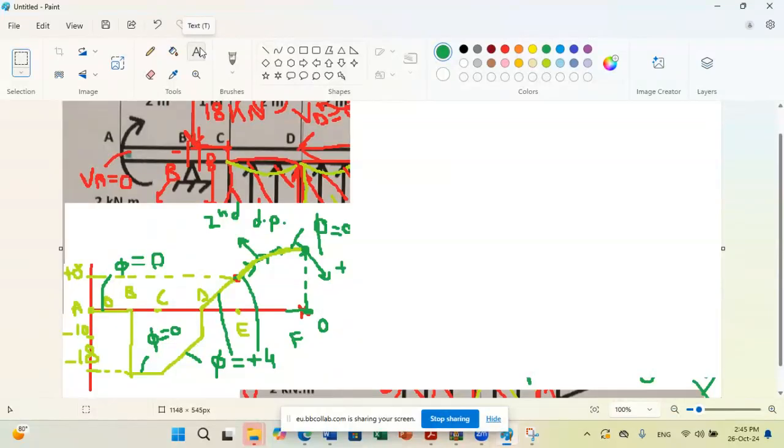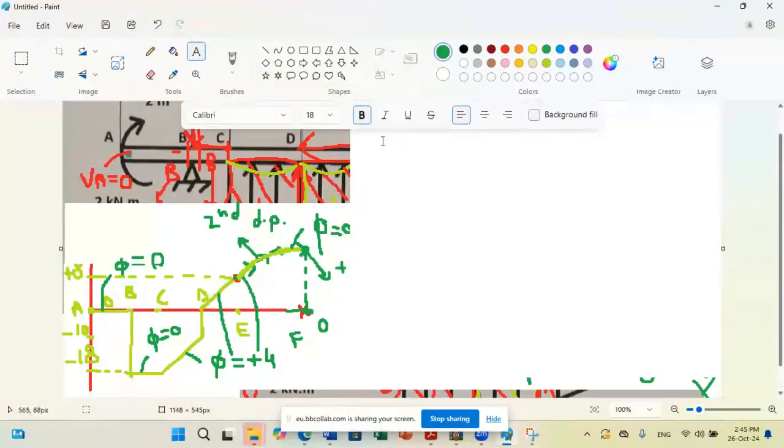You remember in class we said a clockwise moment will cause an upward jump of bending moment, while a counterclockwise moment will cause a downward jump. So since at A we have a clockwise moment equal to 2 kilonewton meter, we can say the bending moment at A is equal to plus 2 kilonewton meter.